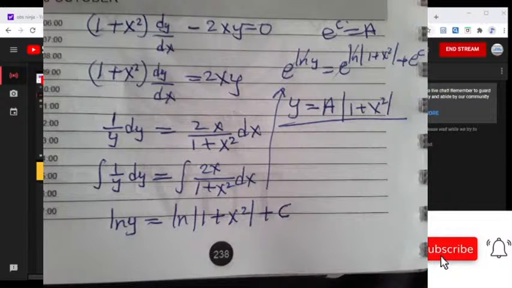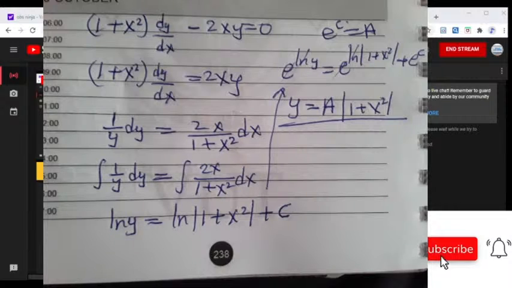And if you check there on top, I said e exponent c equals a. Therefore, this is our last answer. This is our general solution.